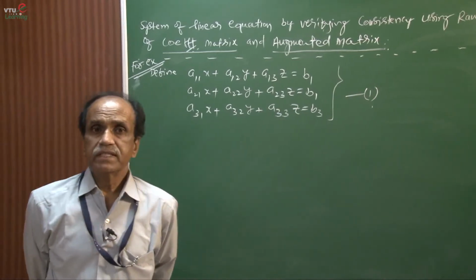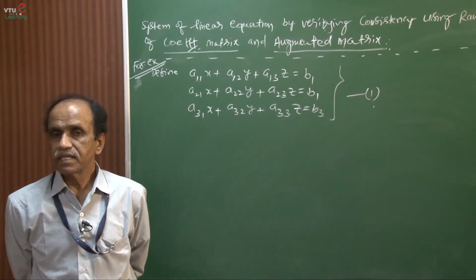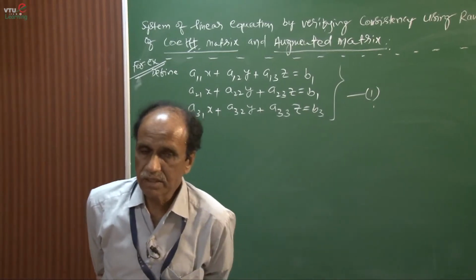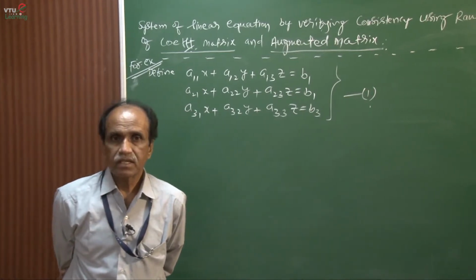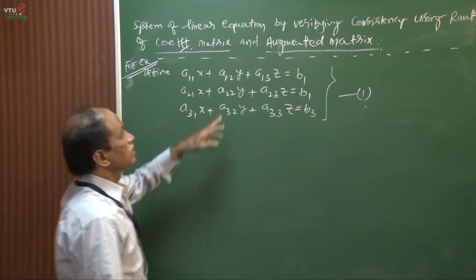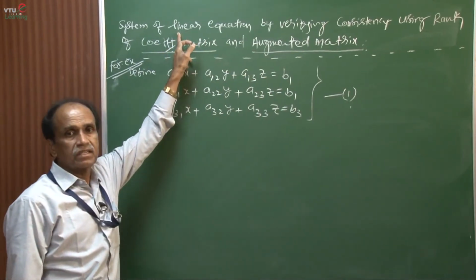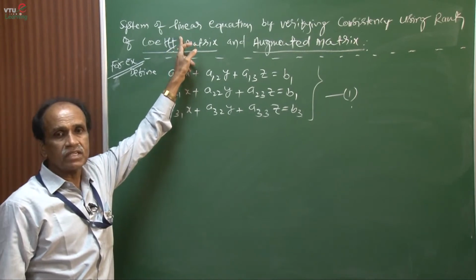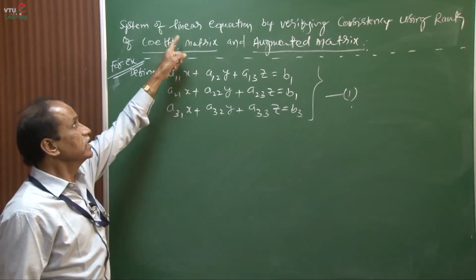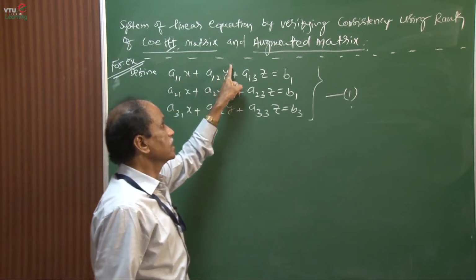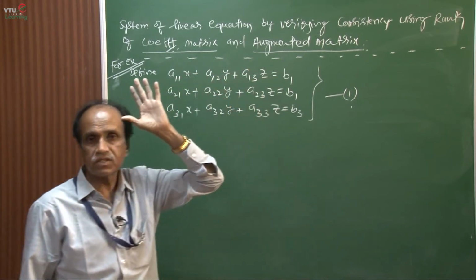Why we call these equations as linear? You have to understand, because I am sure that you are good in geometry, the words which we are using: linear, non-linear, quadratic, cubic, like that. So linear means the degree is 1, degree of x is 1, degree of y is 1, and degree of z is 1.